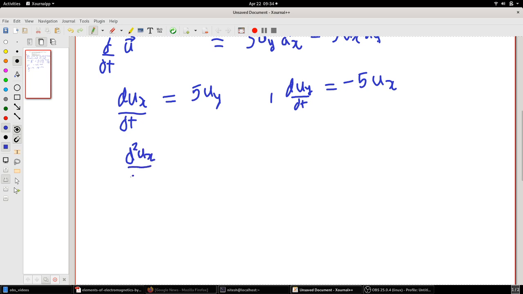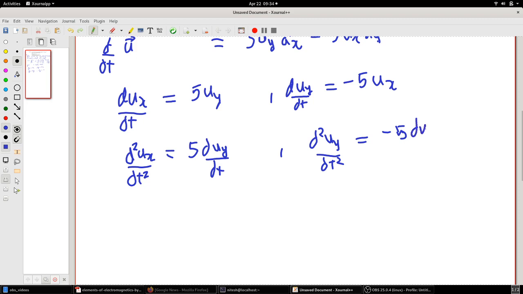What you will get is d square ux by dt square is equal to 5 duy by dt, and d square uy by dt square is equal to minus 5 dux by dt.